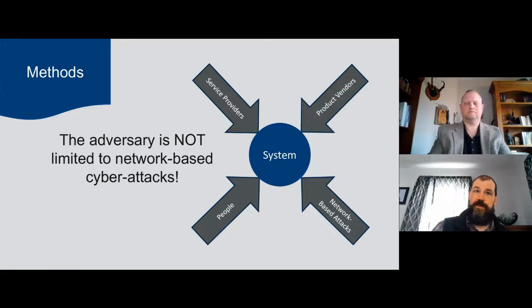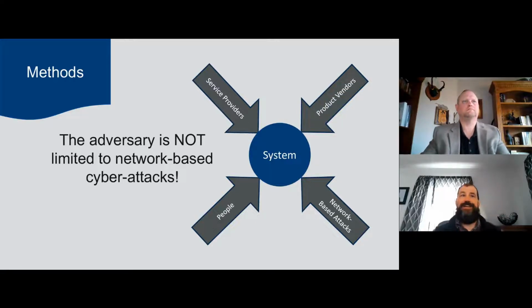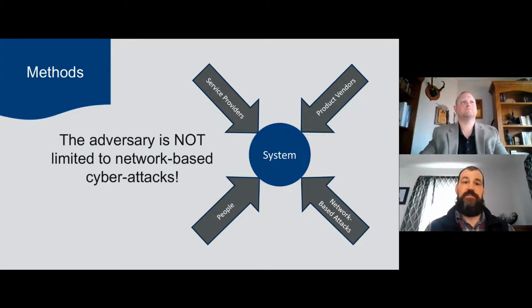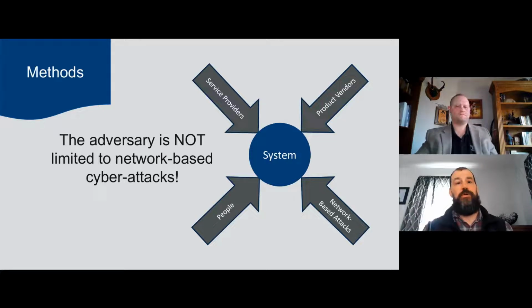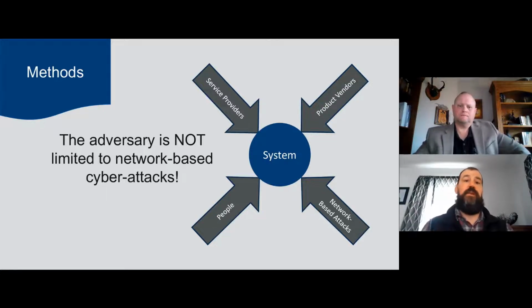The other aspect of this, one I've mentioned already, is that an adversary is not limited to network-based attacks. We have seen many examples now where adversaries are using supply chain attacks, either from hardware or software, to carry their tools into an organization.